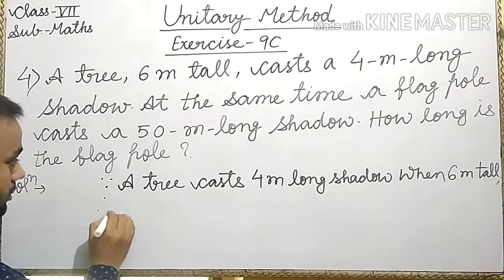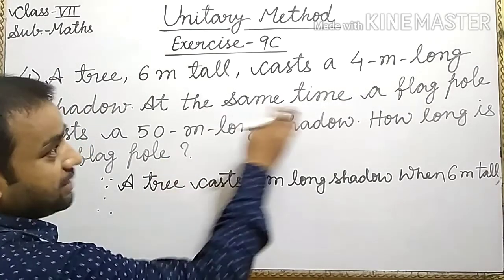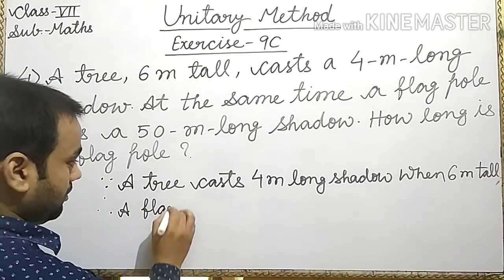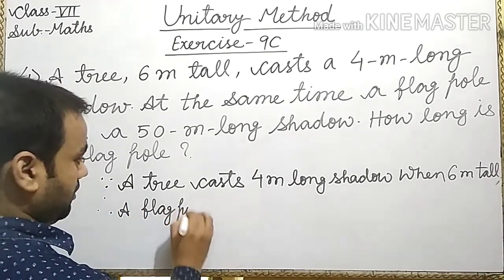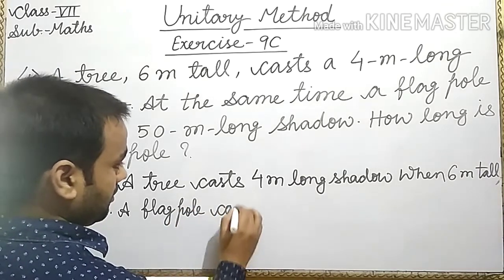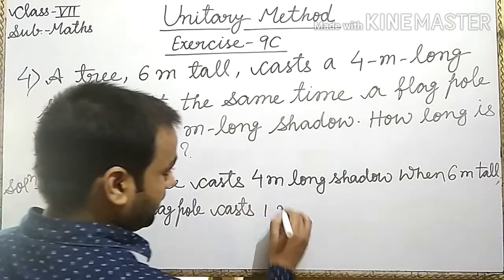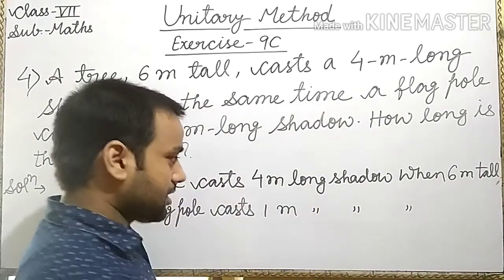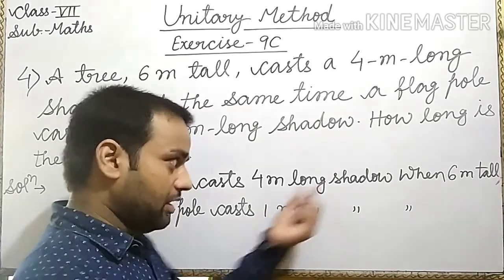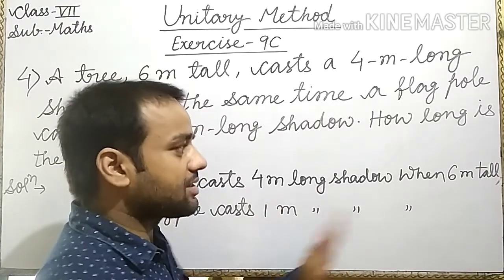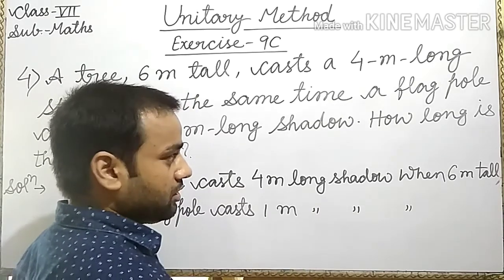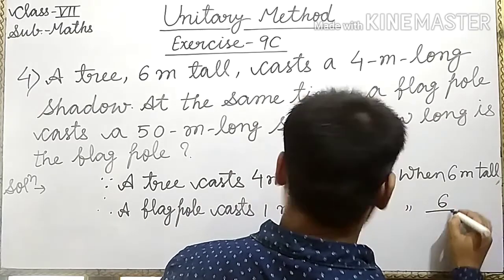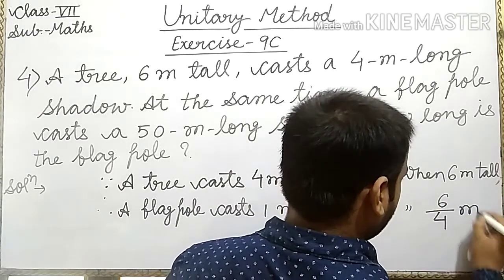So therefore, at the same time a flagpole casts a 1 meter long shadow. When the shadow is small, the length is small, meaning here less concept. This question belongs to direct variation, so write here 6 upon 4 meter tall.